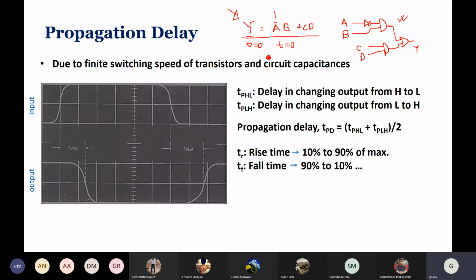Other than the practical issues I have talked about, fan out, noise margin, etc., this is also not practical if we just look at design equations in this manner. Why?